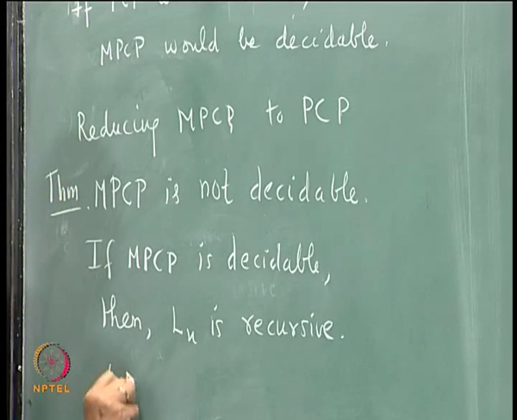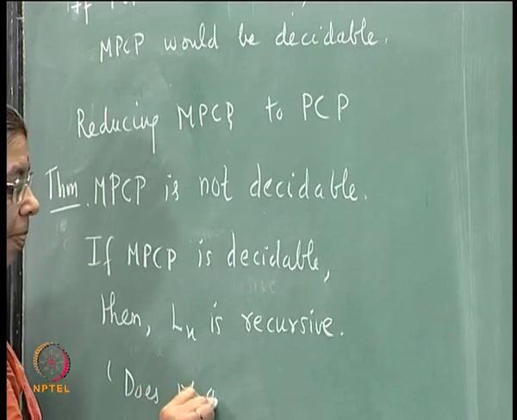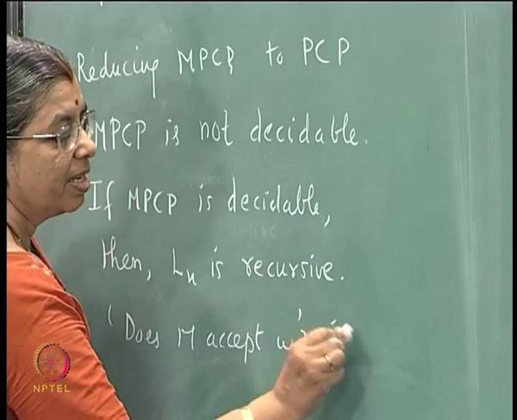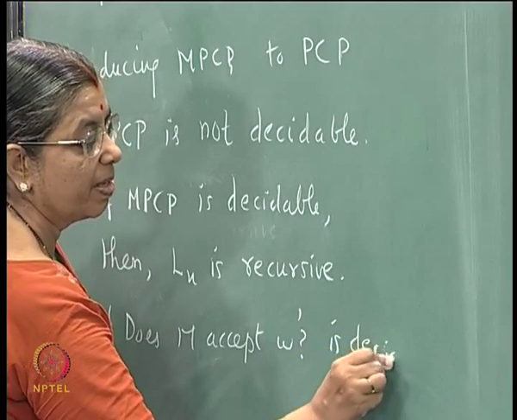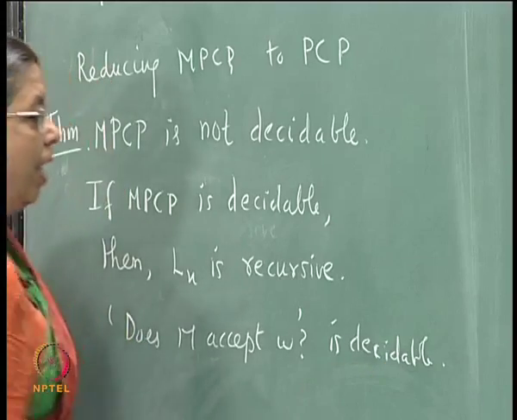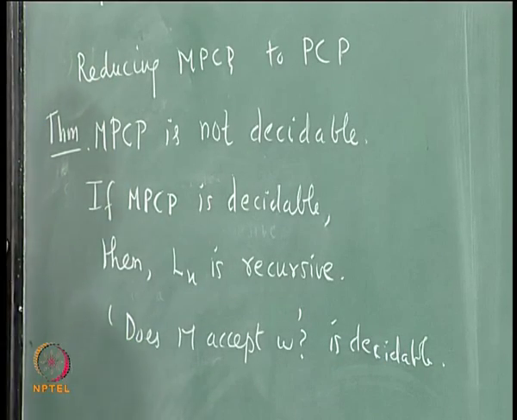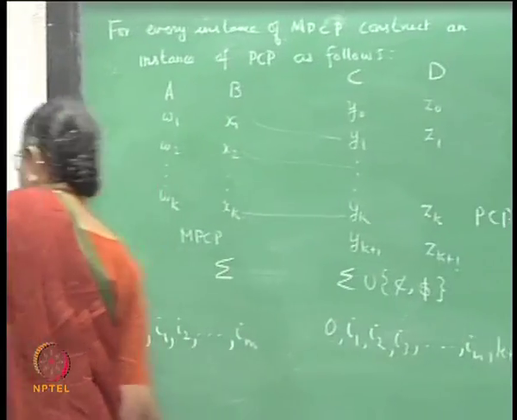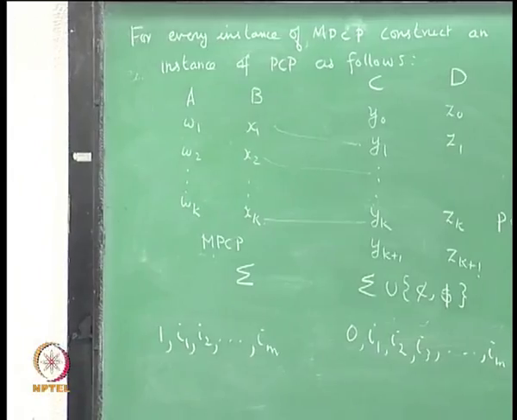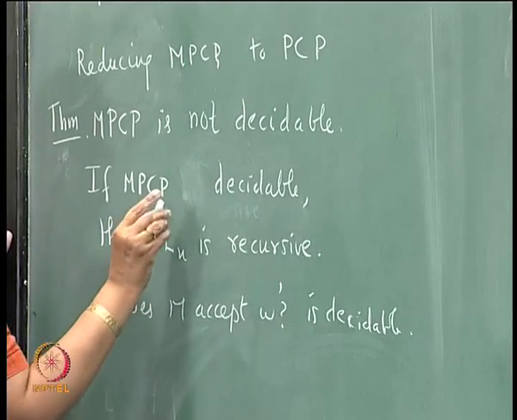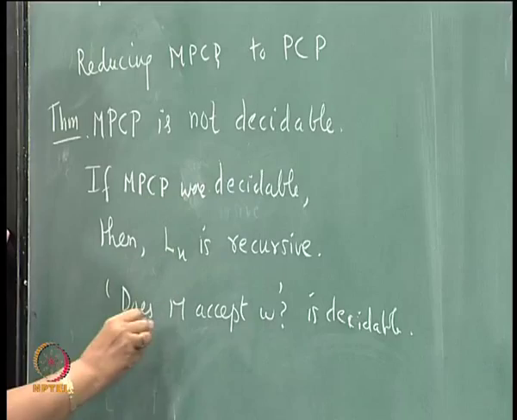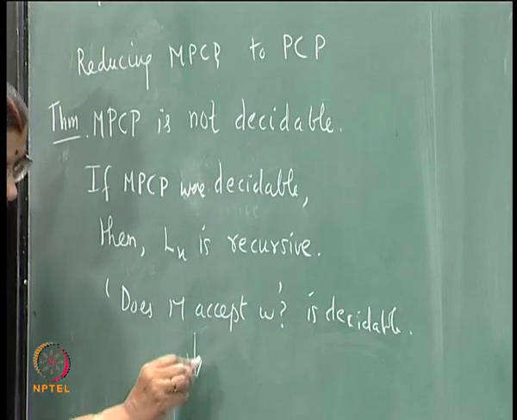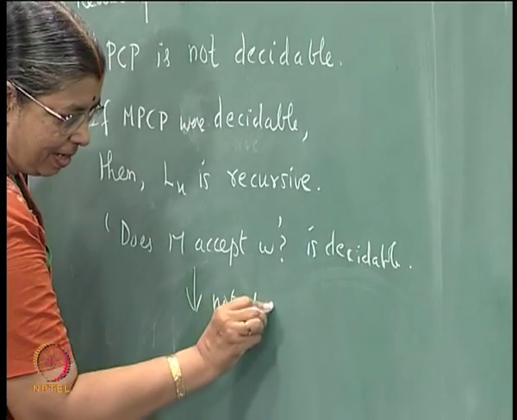Or the question, does M accept W, is decidable. You will prove this. If MPCP were decidable, then the question, does M accept W, is decidable. But you know that this is not decidable, right.